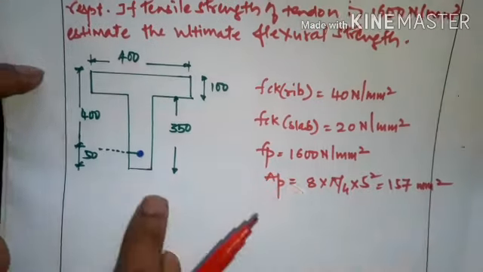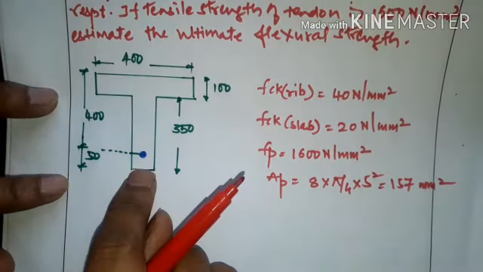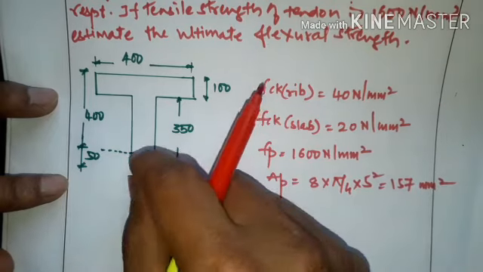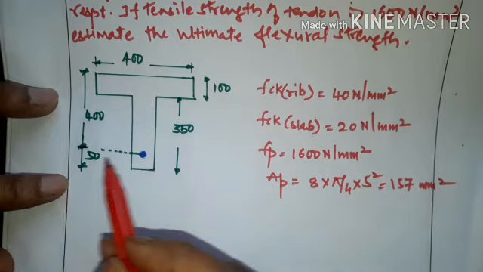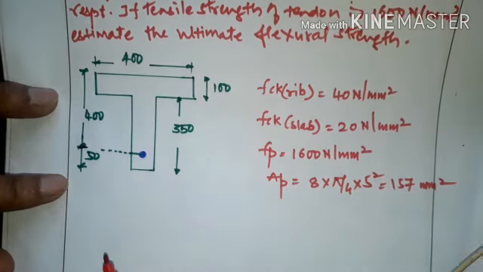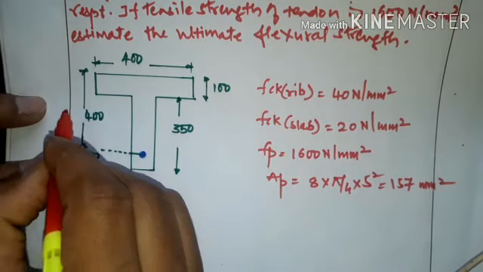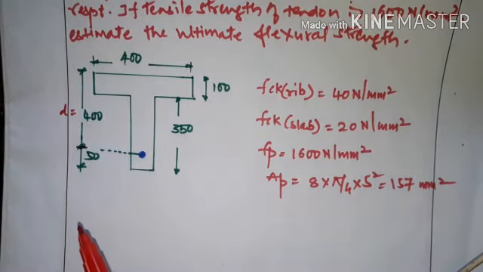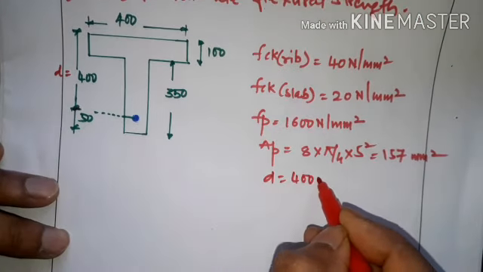Whatever tendons are provided, they are provided with an effective cover of 50 mm. The total depth is 350 plus 100, that is 450, so 450 minus 50, the effective depth D will be 400 mm. So I'll write here, D is 400 mm.